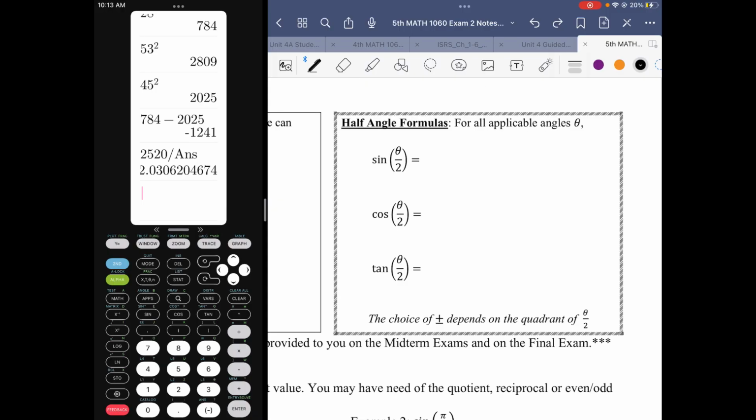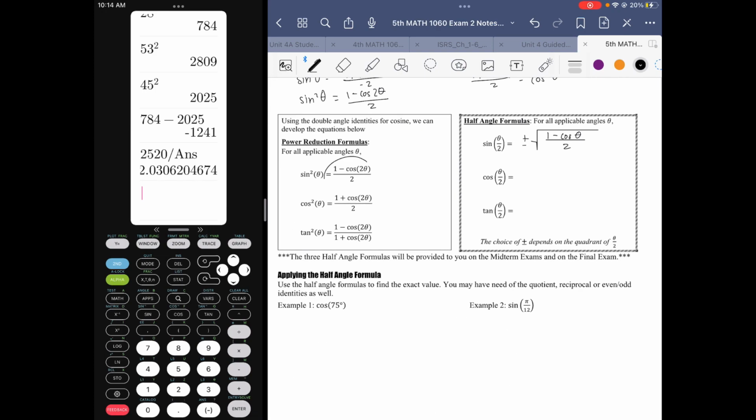But I am going to tell you that these are plus or minus the square root of 1 minus cosine of theta over 2. That should look really familiar to you, right? It's the square root of that. It's not hard. And then cosine of theta over 2, again, we're going to do plus or minus, and again, it's going to be 1 plus cosine of theta over 2.